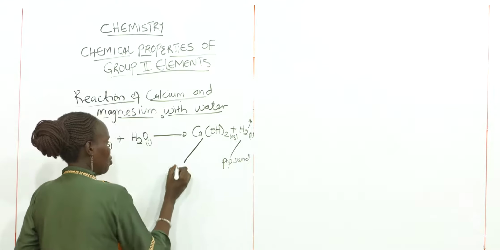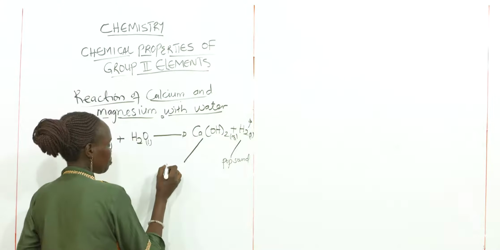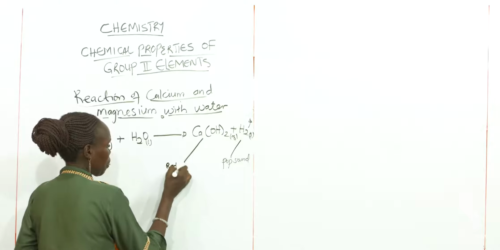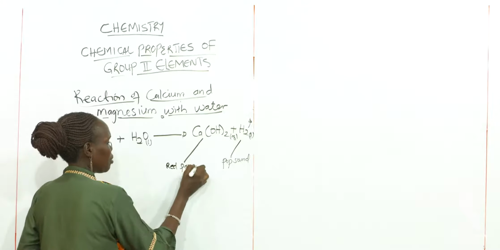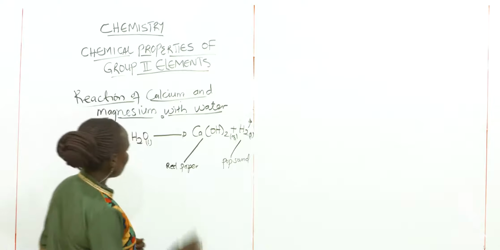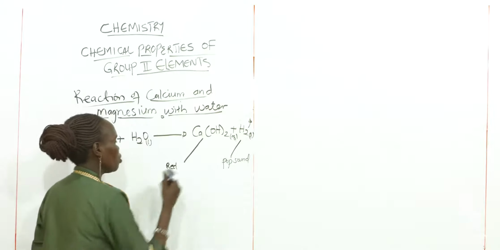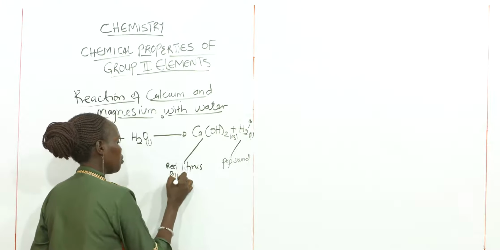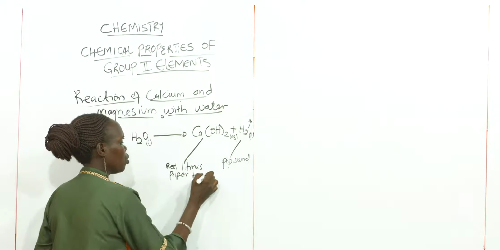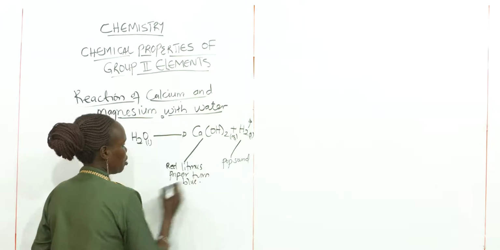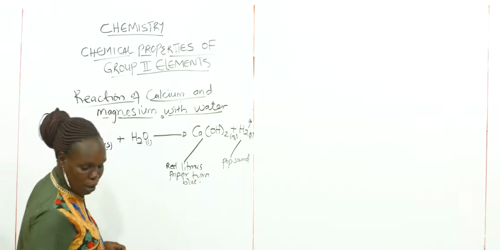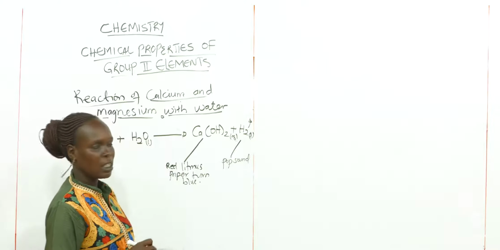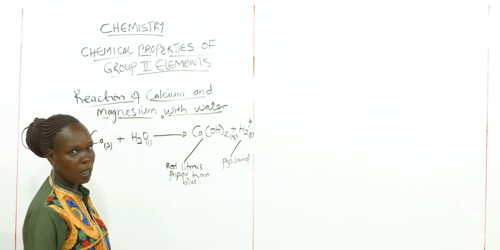So this here will show that when you put a red litmus paper, the red litmus paper will turn to blue. So this is a test for alkaline solution, and also this is a test for identifying the gas hydrogen.